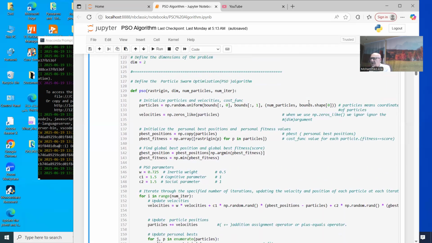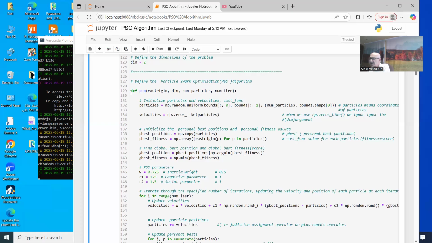So we need, first of all, to define the particle swarm algorithm, def PSO, and for this we shall work with the objective function Rastrigin, the dimension of the objective function, the number of particles, and the number of iterations which is suggested.